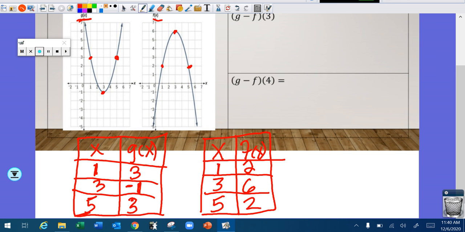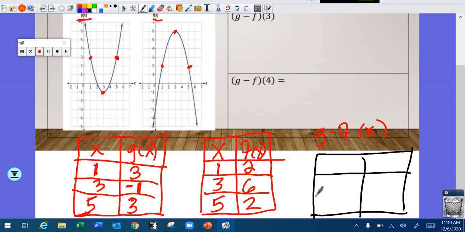Okay? So now this is telling me to subtract these two tables. So I need to subtract f out of g. So I'm going to go to the g table, and I'm going to change this color just because the red is bothering my eyes.